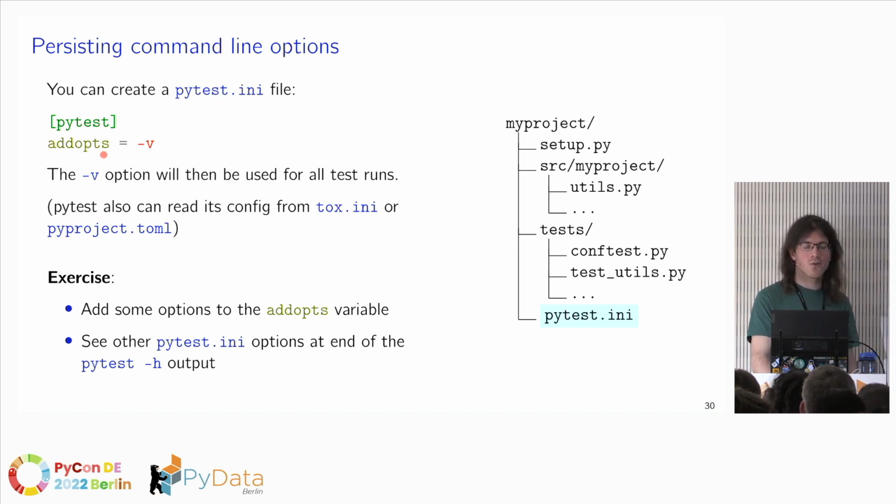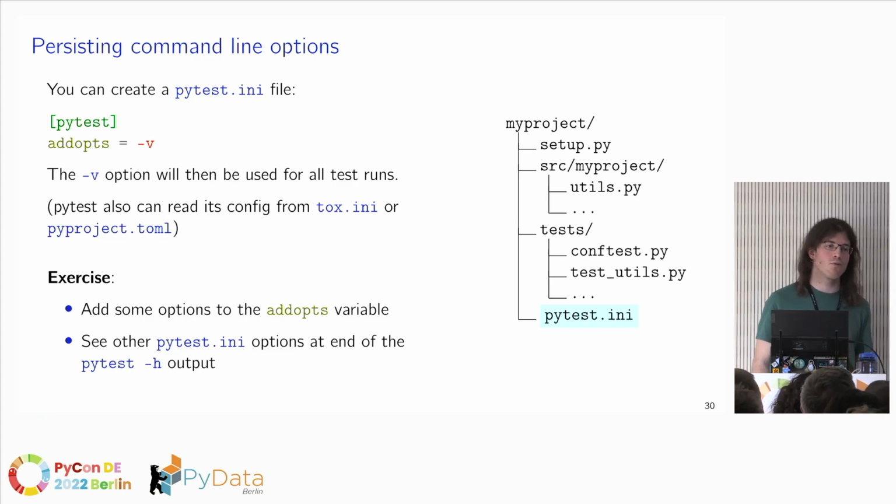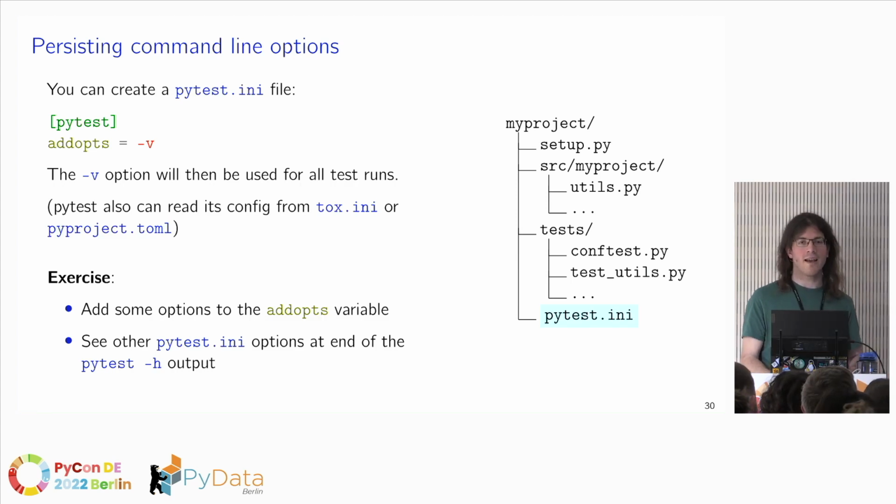One very useful option is addopts, which lets you persist a command line option, so it always gets used. So if you, for example, really like the verbose output of PyTest, then you can configure addopts with this as a value, and PyTest will act as if you would always have given this -v option.